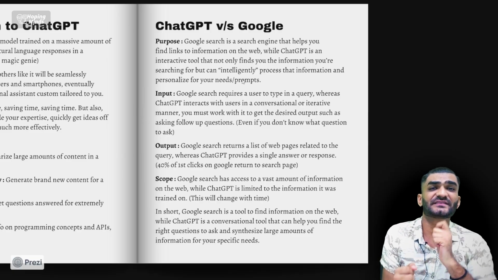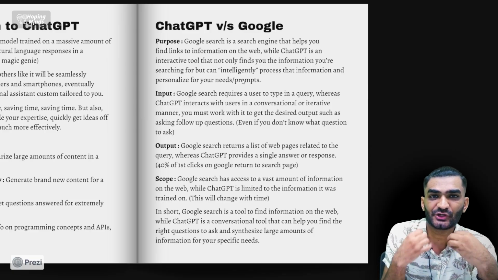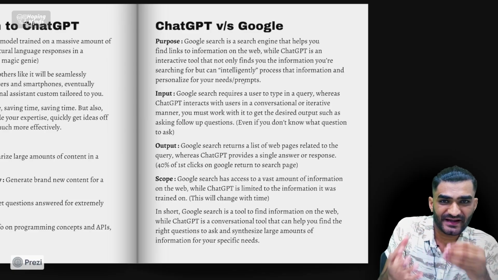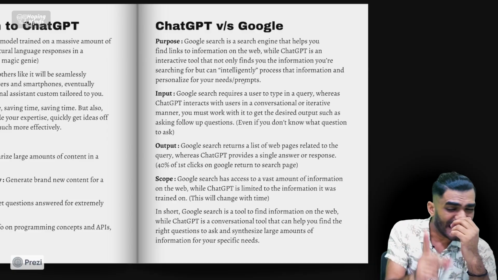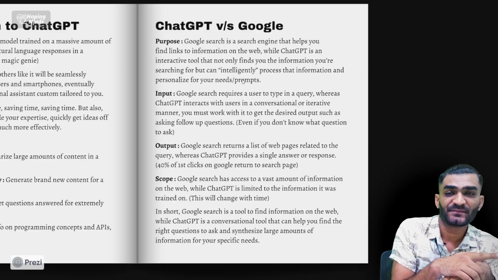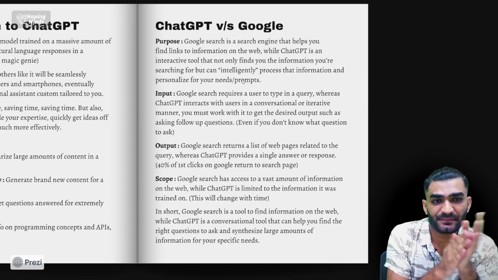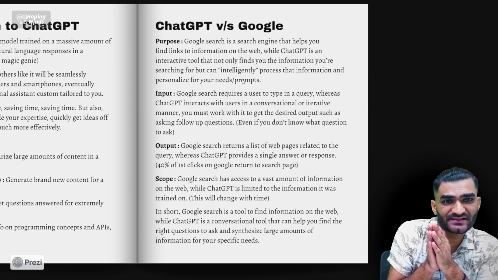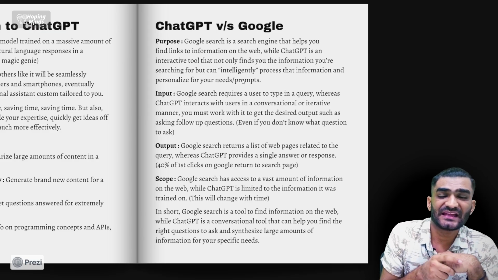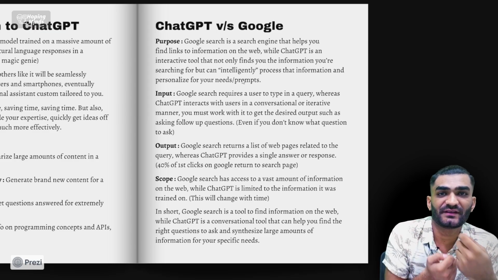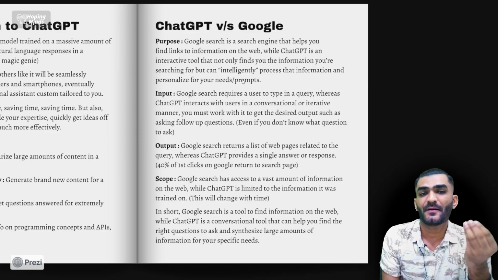It is a conversational tool, one to which we can talk, just like we talk to our friends and families. But that is not the case with Google. So the purpose is entirely different. The purpose of Google is to act as a search engine, whereas the purpose of ChatGPT is to communicate with us and solve our problem.